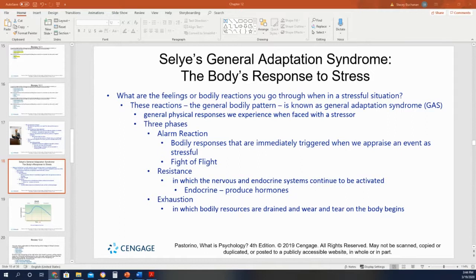So that's your body realizing it's still under stress. So you're getting hormones produced. This is your body helping you deal with the stress. So it's leveling out. You're trying to resist getting overly stressed.